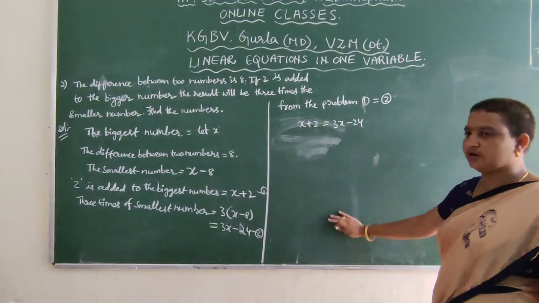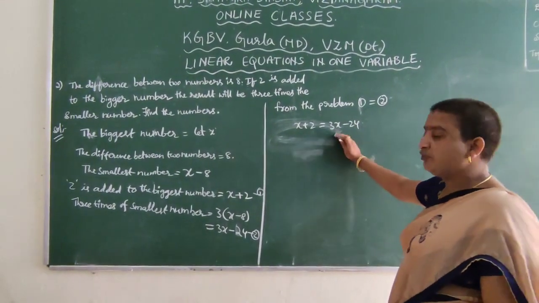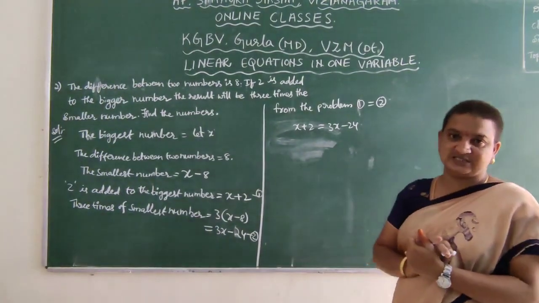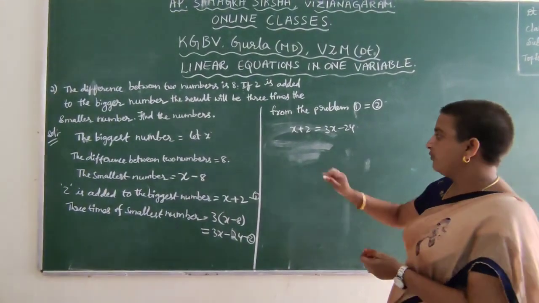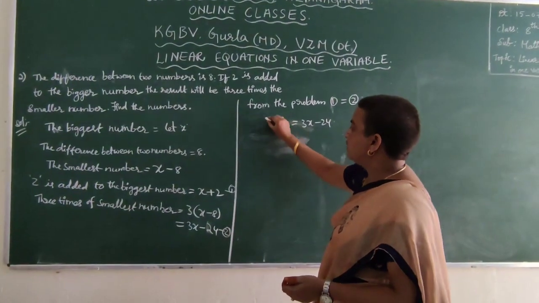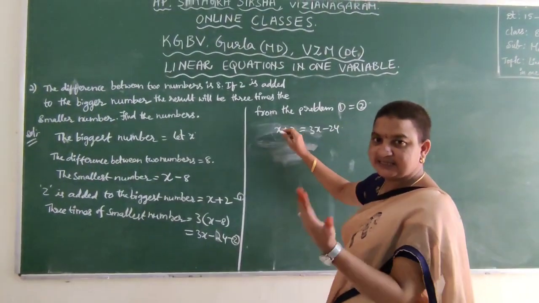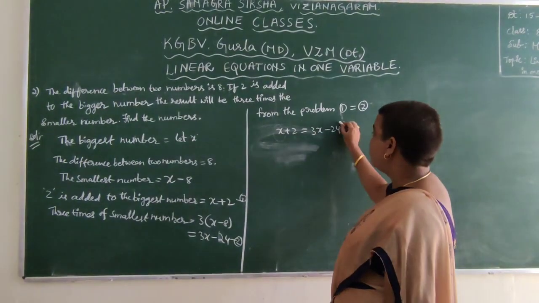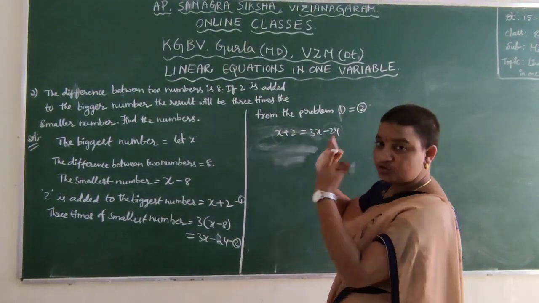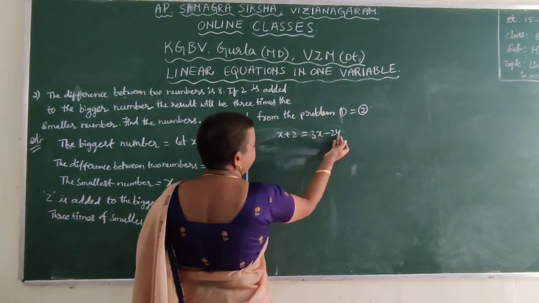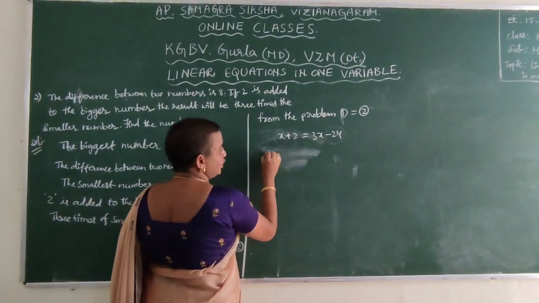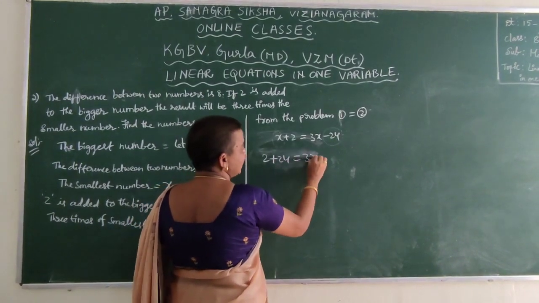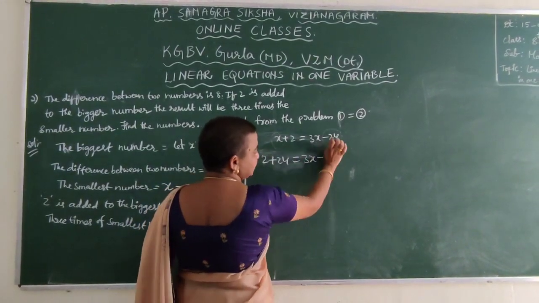Now you can solve. Before going to solve, first we need to separate variables and constants. So we have to transpose x, which is on the left side, to RHS, and we have to transpose minus 24 to LHS. Minus 24 becomes plus 24, equals 3x minus x.